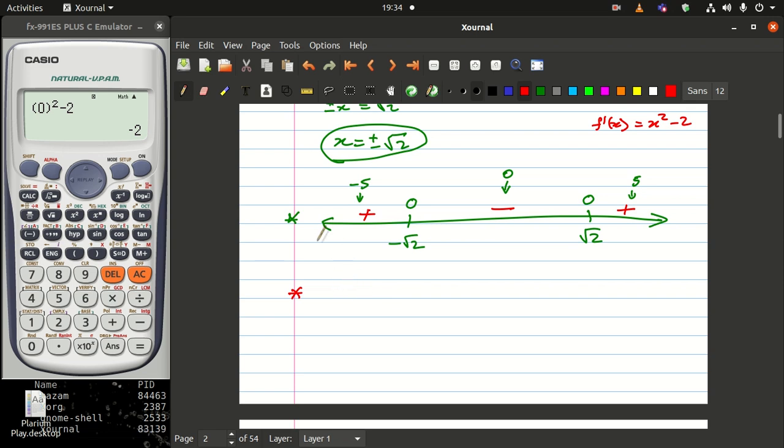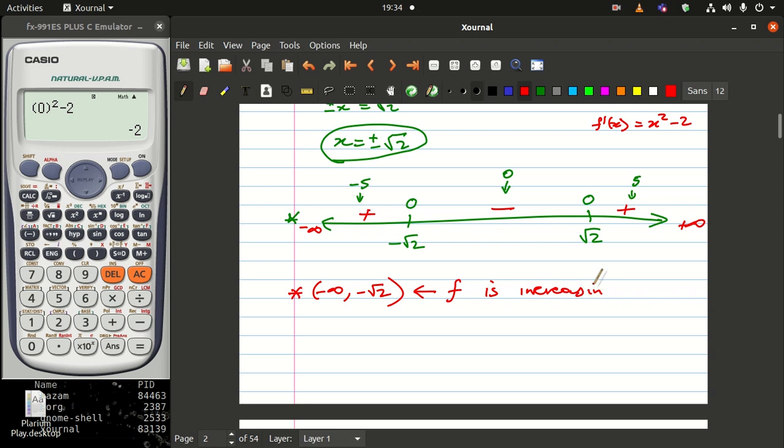If I'm moving from negative infinity up until negative square root of 2, of course, I'm not going to include this point because at that point the function is doing nothing. And negative infinity we cannot touch, that is why we're not including it. We are having a positive here, which means the function f is increasing in that interval.